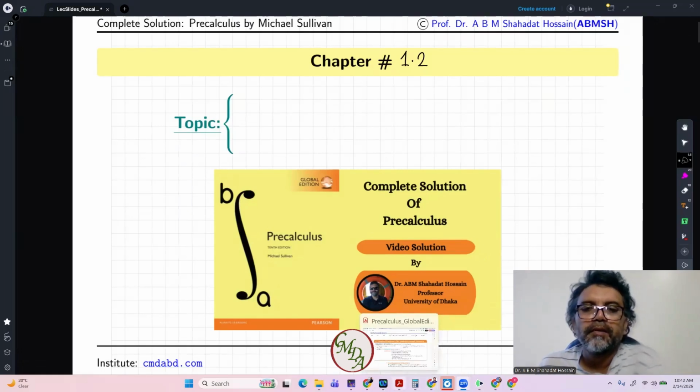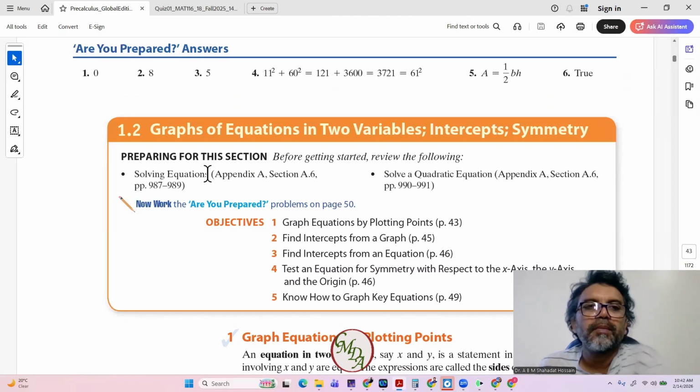Let's first see this chapter, 1.2. It is about graphs of equations in two variables, intercepts and symmetry. The objectives of this chapter are to graph equations by plotting points, find intercepts from a graph, find intercepts from an equation, and test an equation for symmetry with respect to the x-axis, y-axis, and the origin.